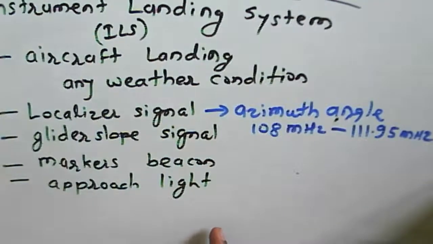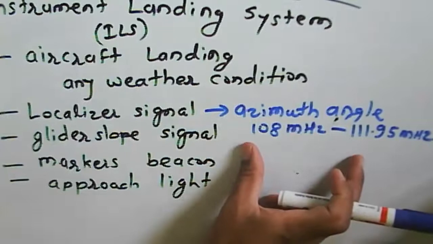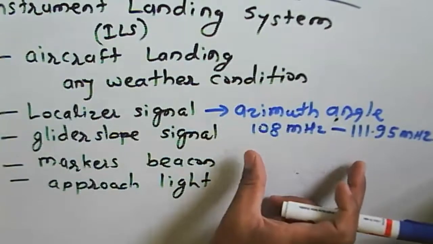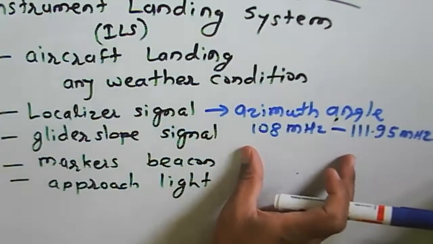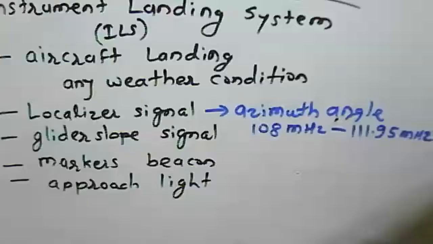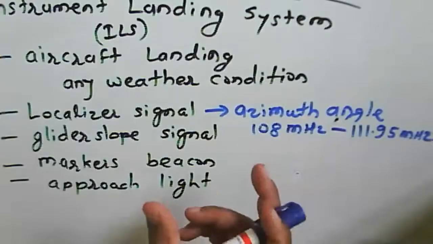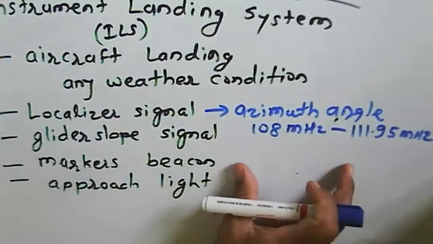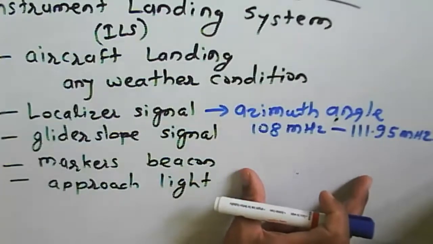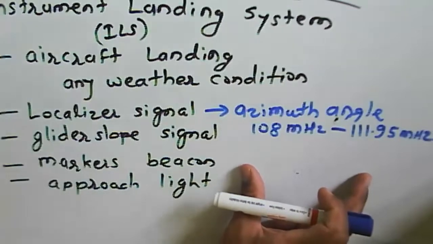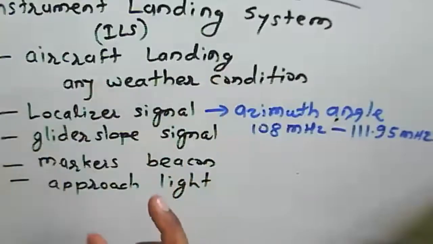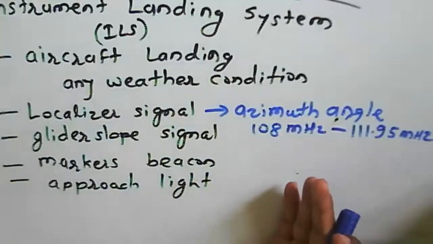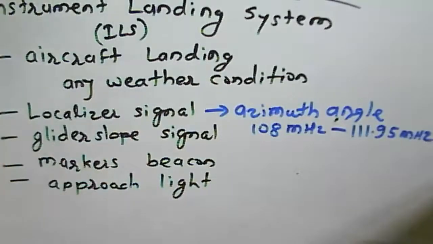Again, this localizer will provide the signal, and the information it gets from that signal will be displayed on a display device. This ILS system has an indicator or a display device.